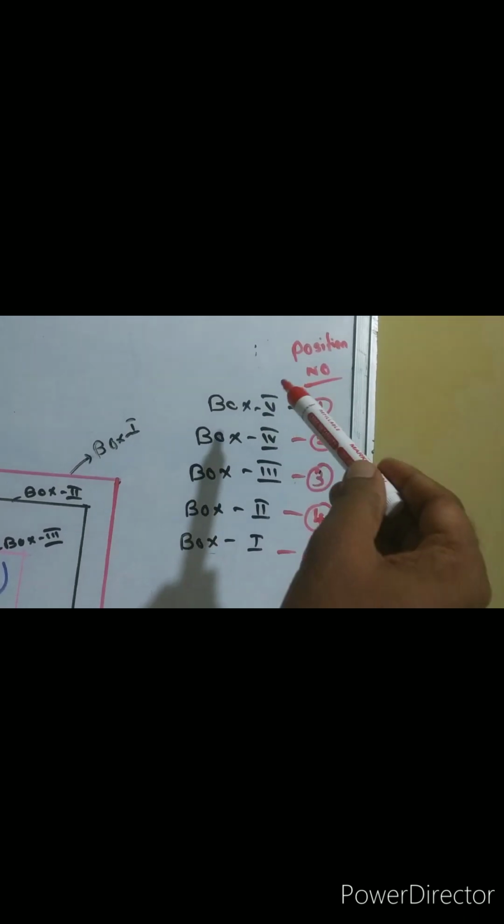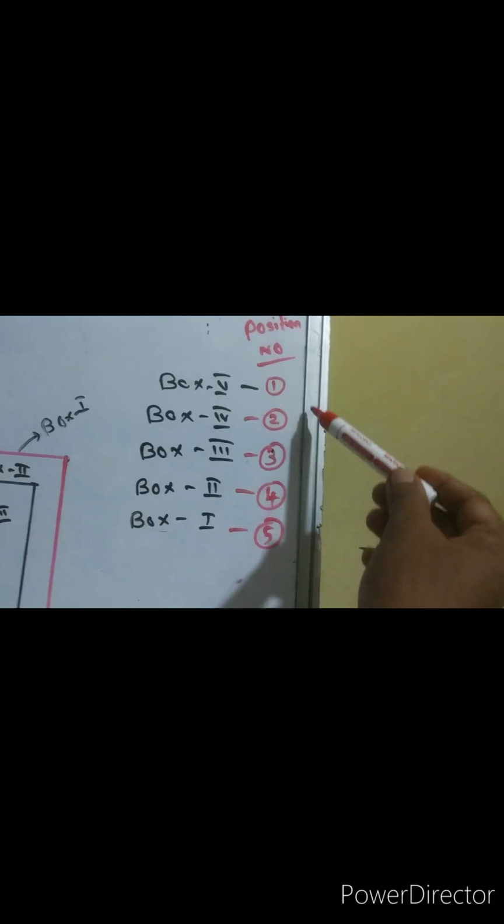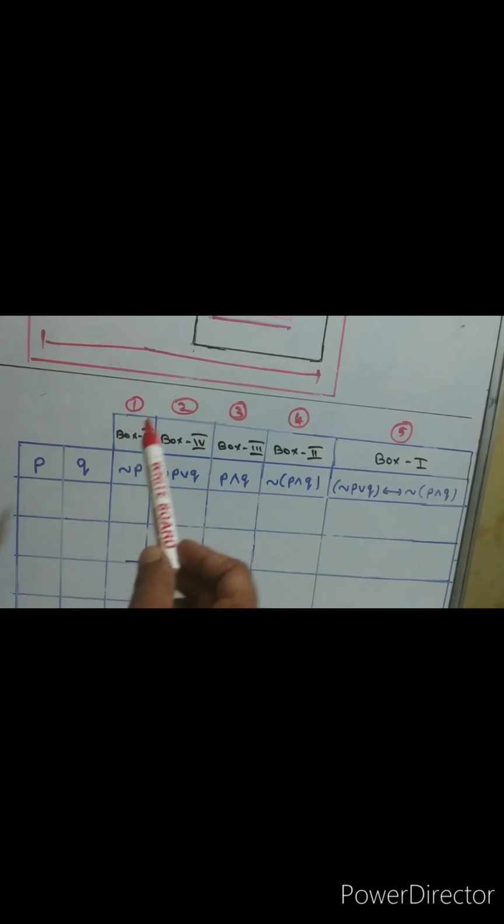I have written box numbers 1, 2, 3, 4, 5 and 5, 4, 3, 2, 1 as a descending order, and the position numbers 1, 2, 3, 4, 5. We have to plot the table like that. P Q is common for all problems, and we plot based on position numbers 1, 2, 3, 4, 5.